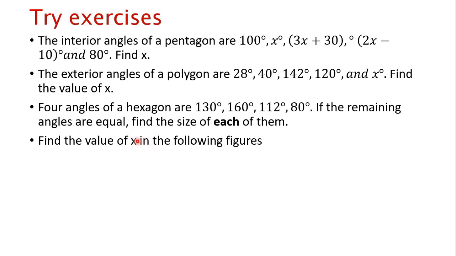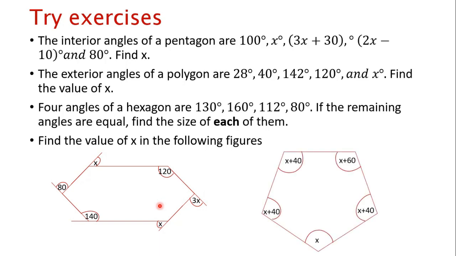Find the value of x in the following figures. So this is the first figure. We have x here and we have another x here. Then we have 3x here. We can see that some of the angles are exterior, and some are interior. So the same thing, you find x. Then 80 degrees, 140 degrees, x, 3x, 120 and then x.